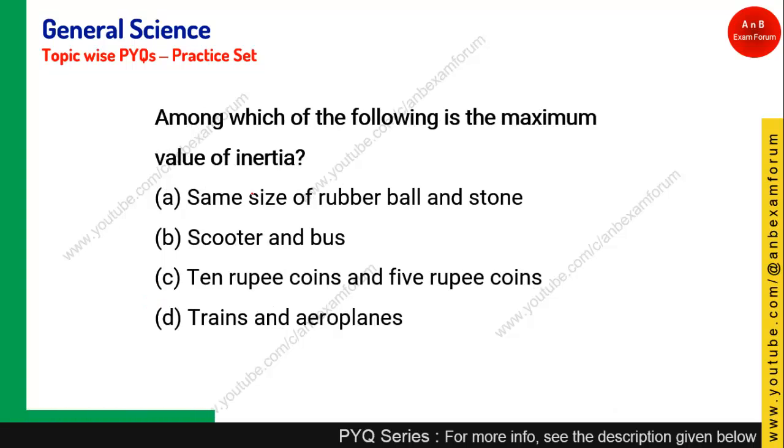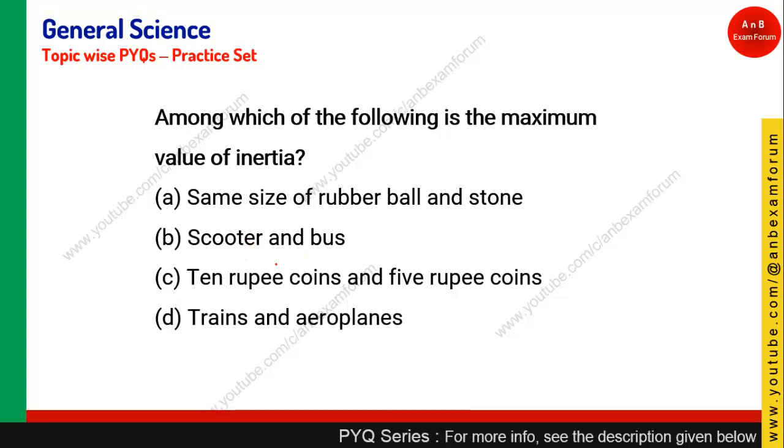Which of the following has the maximum value of inertia? Option A, same size rubber ball and stone; scooter and bus; 10 rupee coin and 5 rupee coin; train and aeroplane. You need to tell which is going to have the maximum value of inertia.